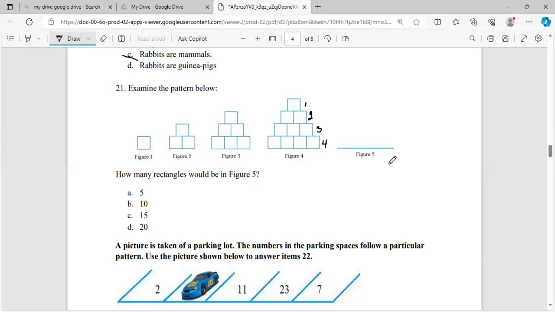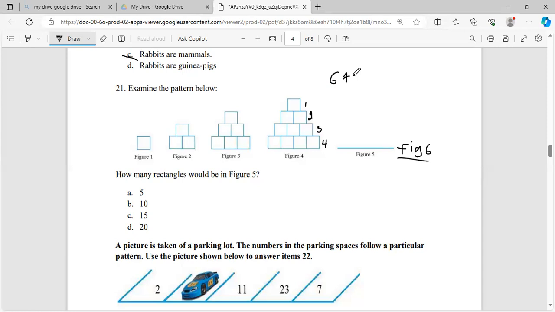This is figure 5, they ask you for figure 6. 5, 4, 3, 2, 1. But I'm asking for figure 6, not figure 5. Is it 21? 21, right? So all you do, whatever figure it is, you add one less.